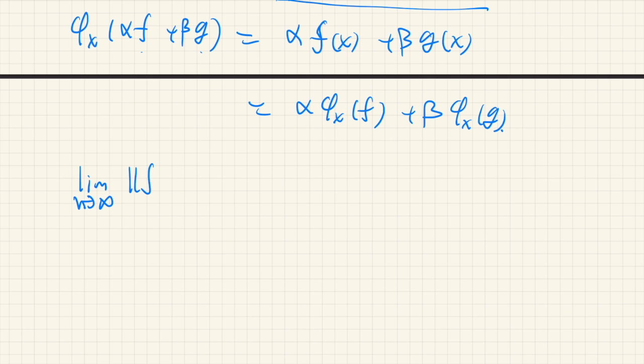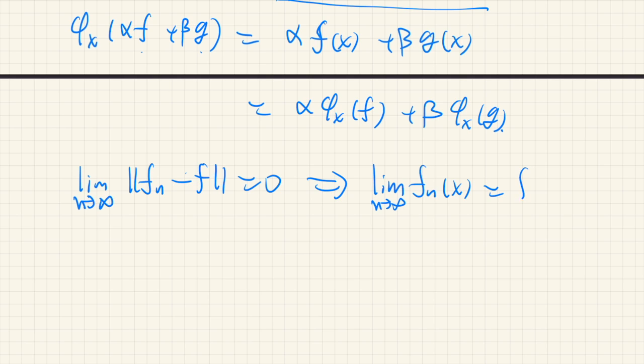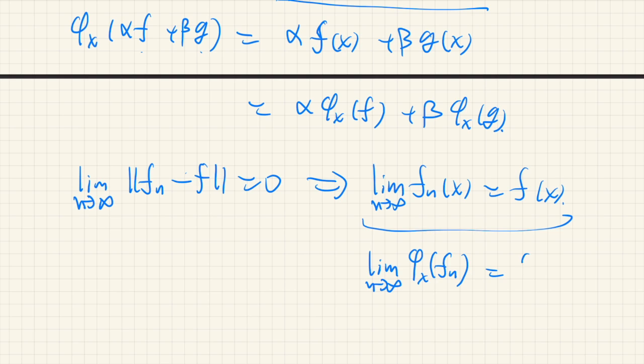If we have fn converges to f, then we have the limit of fn(x) equals f(x). Using phi_x, this can be written as the limit as n goes to infinity of phi_x(fn) equals phi_x(f).